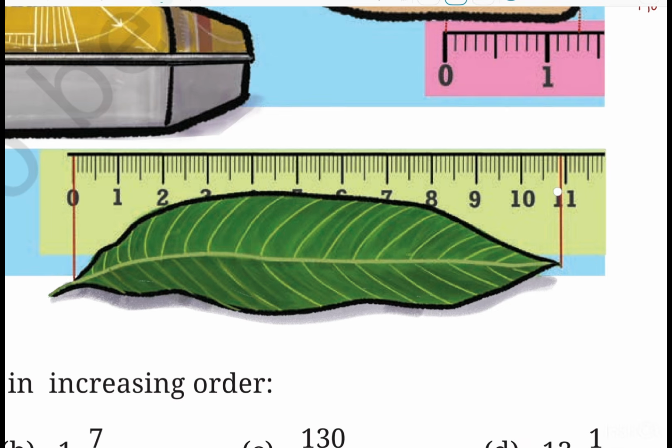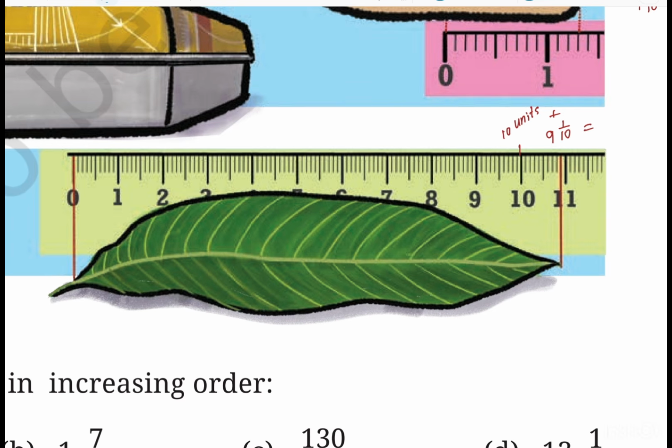Next, given the length of the leaf. We can see that here 10 units are there, plus the units from 10 to the red line is 9 1 by 10 units.